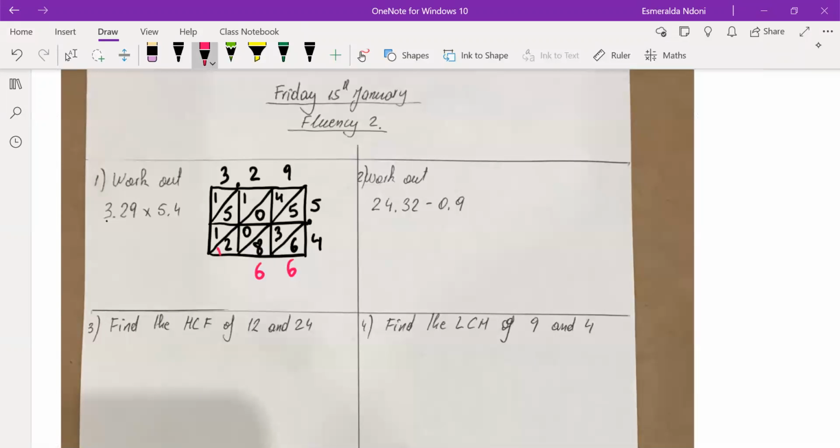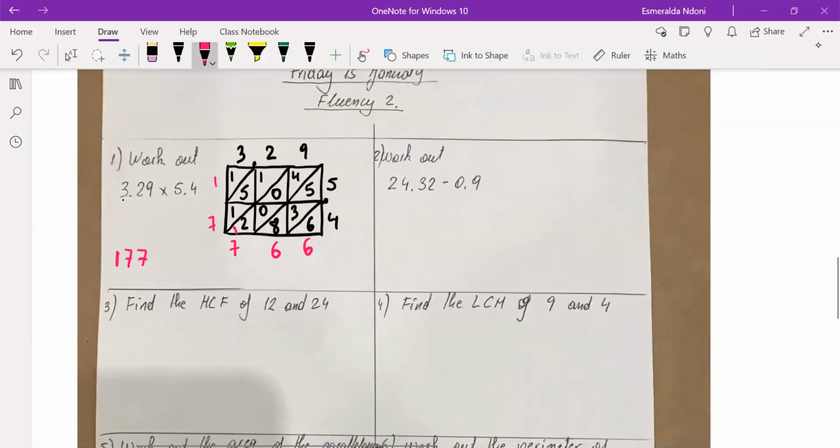Then I carry the 1. 4 add 0 is 4. Add 2 is 6. Add 1 is 7. Moving on to the other column, 1 add 5 is 6, add 1 is 7, and then the 1. So the digits to our answer are 1, 7, 7, 6, 6.